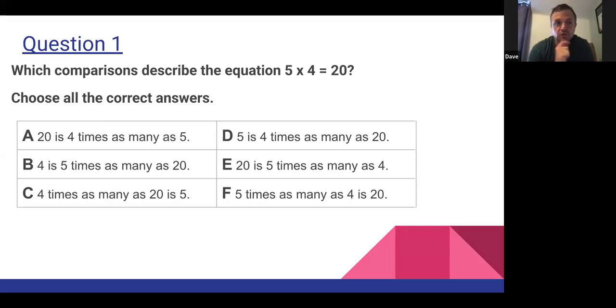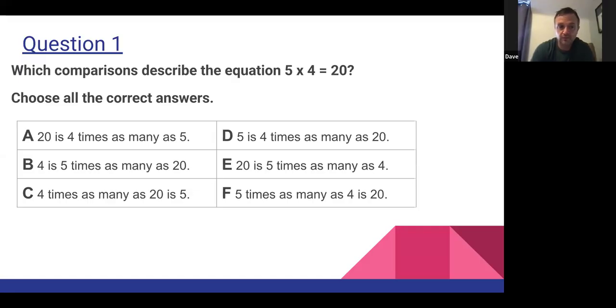Okay? So 20 is 4 times as many as 5. That one is correct. And that's one of our answers. We use our equal sign is 20, right? So 20 is 4 times as many as 5. 4 is 5 times as many as 20. That is not an answer.